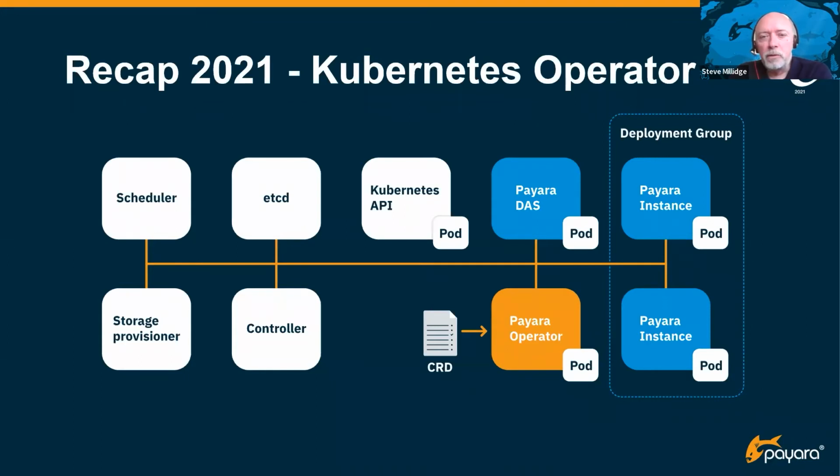Again, this is sort of a current point solution that allows you to use the Payara domain model easily within the Kubernetes infrastructure. And it plays into where we're going in 2022 in our vision of an intelligent platform.